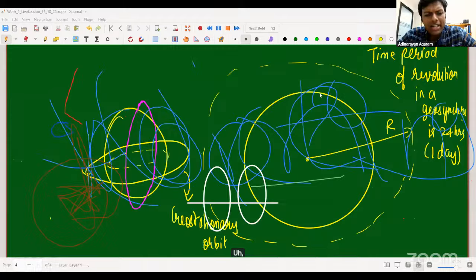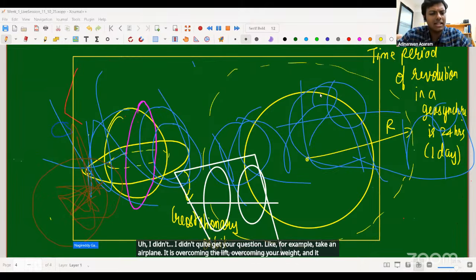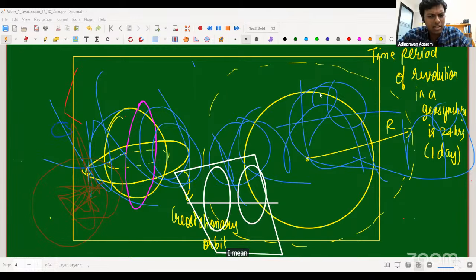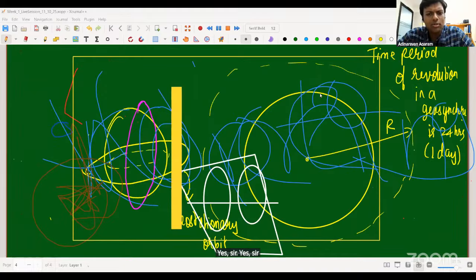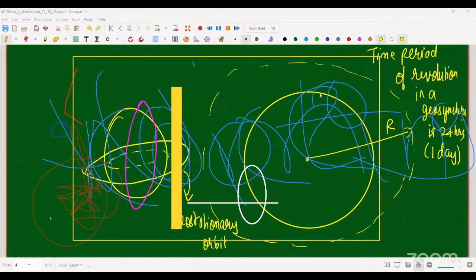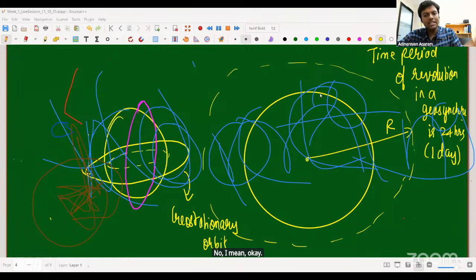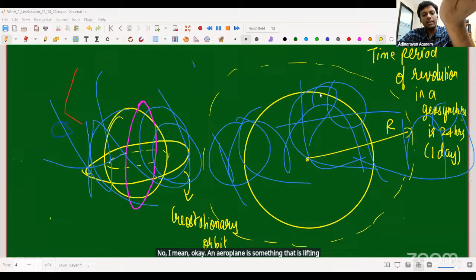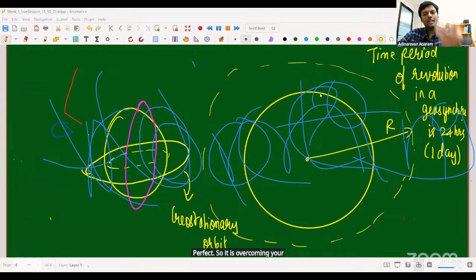I didn't quite get your question. For example, take an aeroplane. It is overcoming your weight, and it is also overcoming the drag, right? An aeroplane is lifting as well as going ahead. So it is overcoming your weight as well as overcoming the drag to be faster.